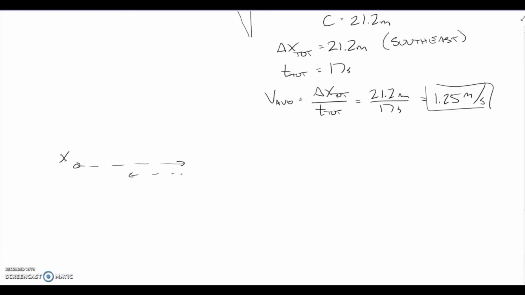And you would have some x initial and some x final. And the displacement would just be that distance from beginning to end. And the total distance would be the whole path. You'd have to add those two together, right? So that's how we would do it as a one-dimensional problem. There would be no triangle there, no need for a Pythagorean theorem. But it's the same idea.